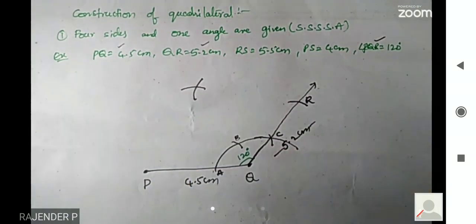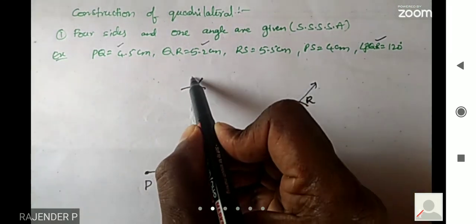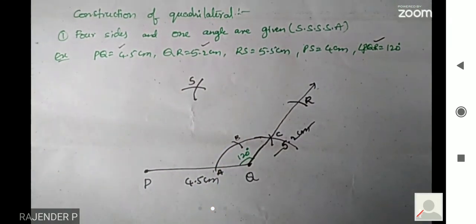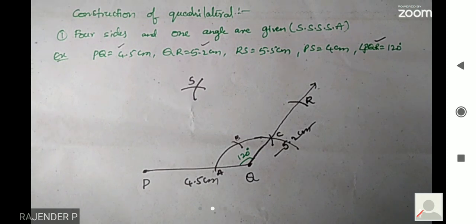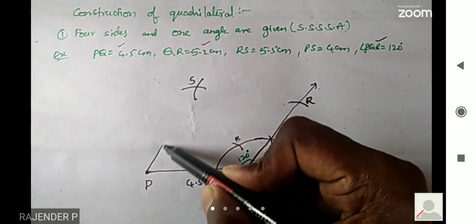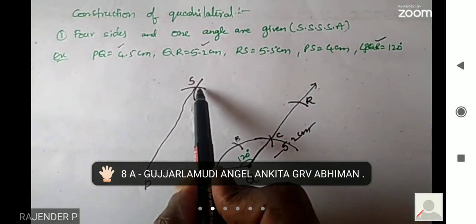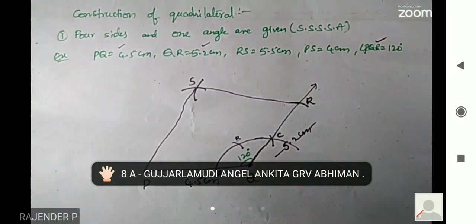We have to draw one more arc to cut the previous arc at S. That point we have to take as S. Now we should join PS and RS also.